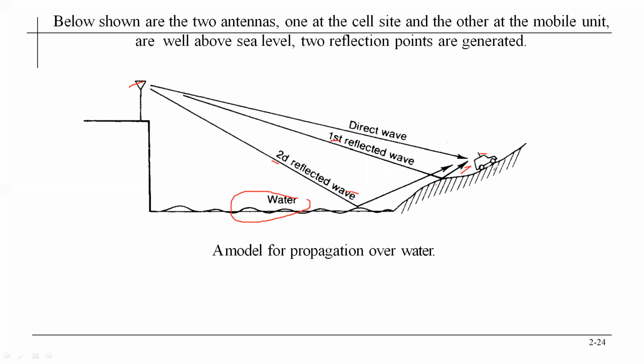The other reflected wave is away from the mobile unit, right? We consider the reflected wave in land mobile propagation to be very close to the mobile unit, right?